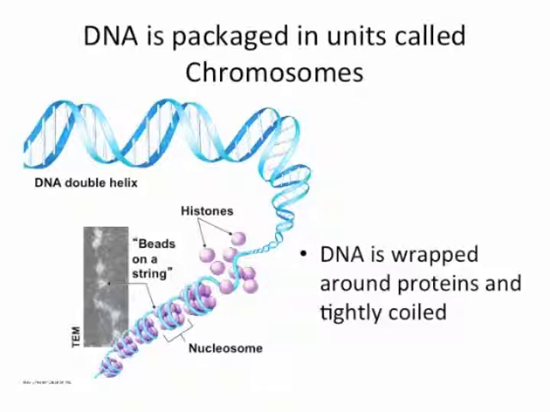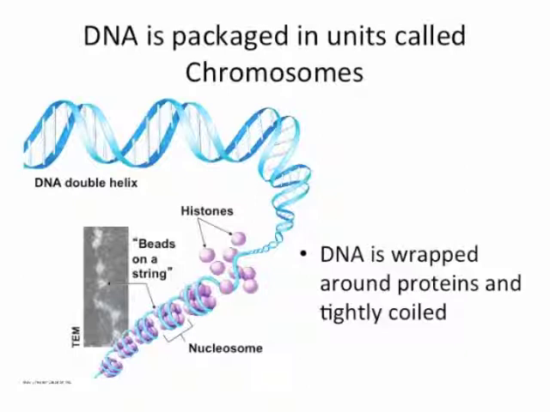Because you'd probably lose some stuff and you'd break some stuff. DNA does the same thing. DNA is wrapped around proteins and tightly coiled prior to division. So eventually, probably next class, I'll show you a video of cell division. You'll see that the first thing that happens is the DNA coils up and becomes really tightly packed. And those packages of DNA are called chromosomes.